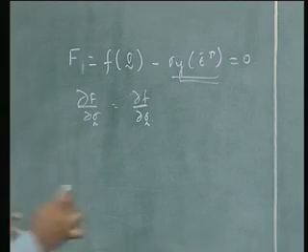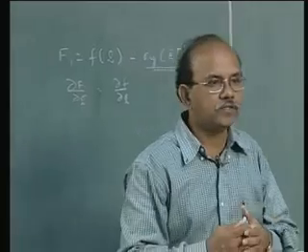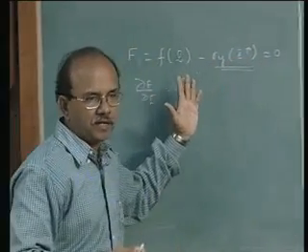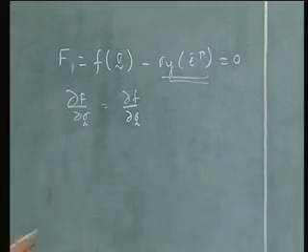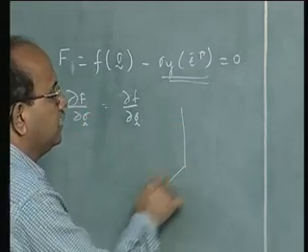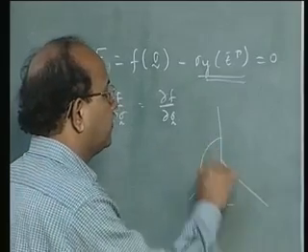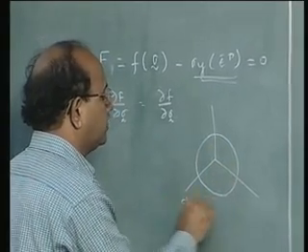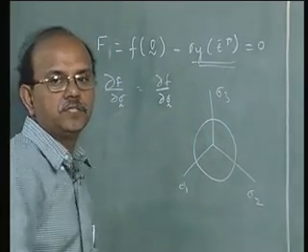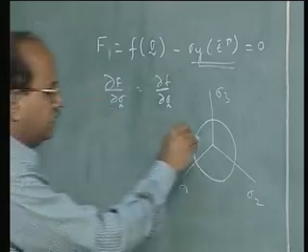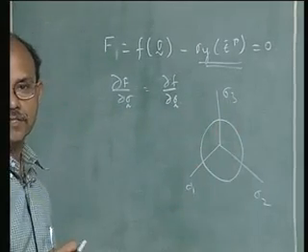Please note that it is just a geometric representation of this equation. You cannot obviously imagine what is there in 6-dimensional space. But you can imagine it very well in 3-dimensional space, or a 2-dimensional projection of it. For example, in a sigma 1, sigma 2, sigma 3 axis, you can imagine that it is a cylinder, and perpendicular to the axis of the cylinder, this would appear as a circle like this.